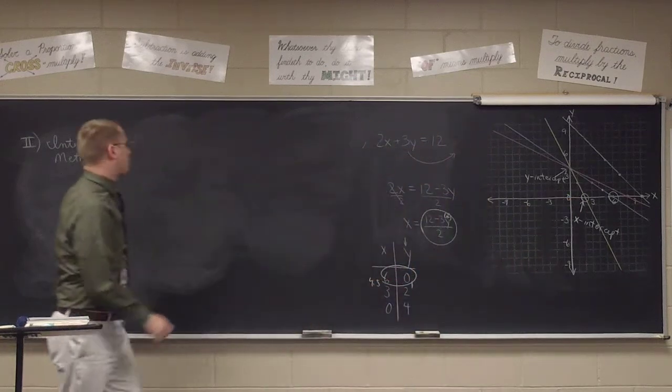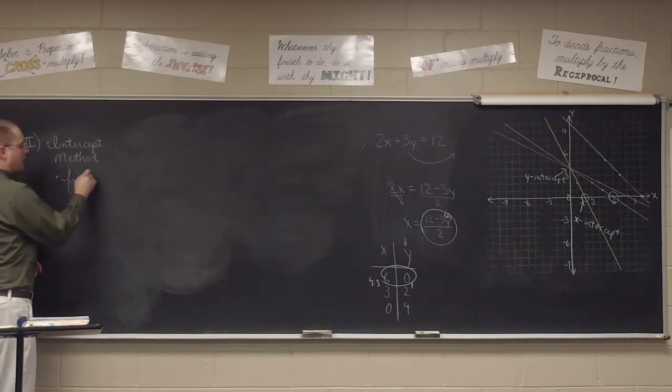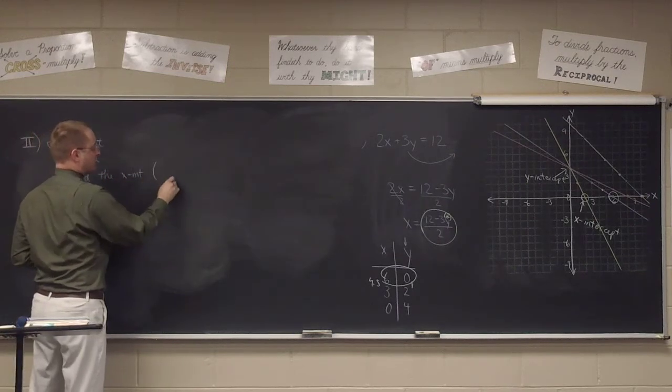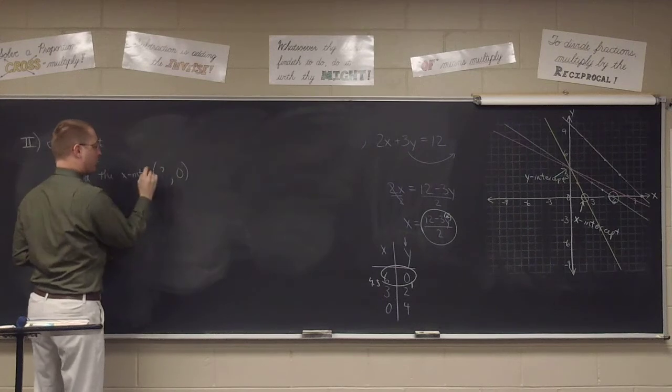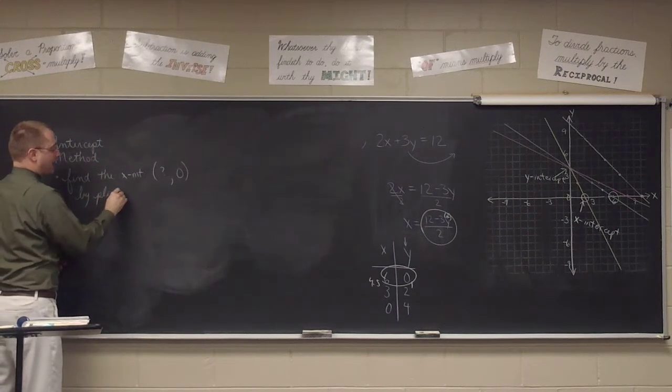So what we're going to want to do with the intercept method is simply find the intercepts. So first of all, find the x-intercept, which is something, 0, by plugging in 0 for y.